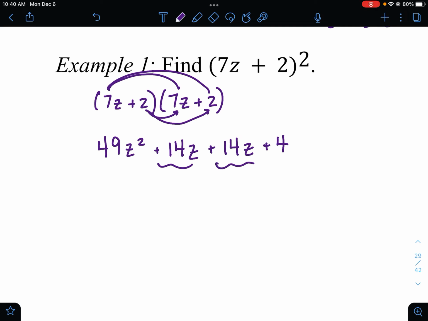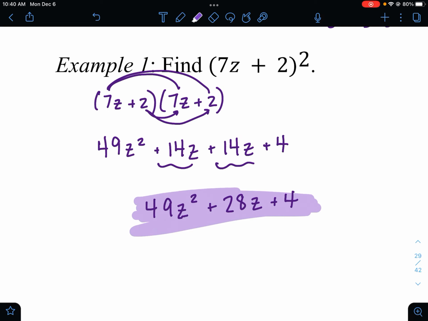Combine our middle 2 terms again. So 49z squared plus 28z plus 4. Okay. Same as yesterday.